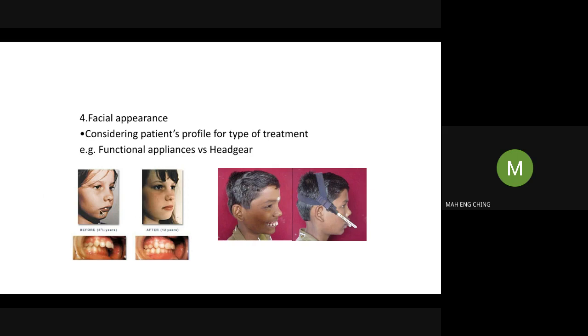When the mandible is too short, a retracted mandible, then we try to bring the lower jaw forward, for which we use a functional appliance. And if the maxilla is the problem, then we use headgear to bring the maxilla backward. So it depends on the cause of this class 2 skeletal pattern.